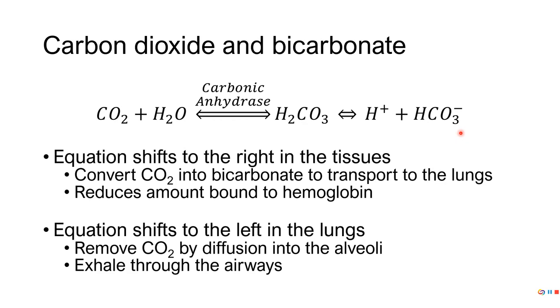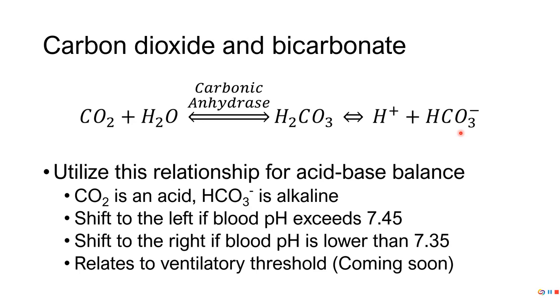But in the alveoli, we actually shift this equation to the left so we can create CO2 so we can exhale it through the airways. Remember that this equation is used for acid-base balance. Carbon dioxide is acidic, bicarbonate is alkaline, and depending on what's going on, we can shift this equation to compensate for changes in pH.